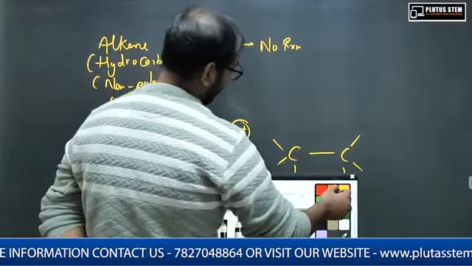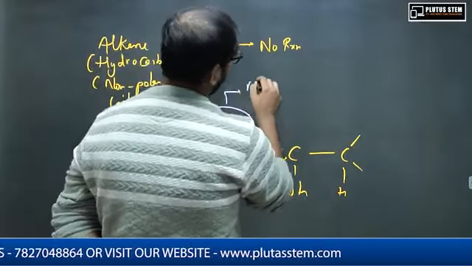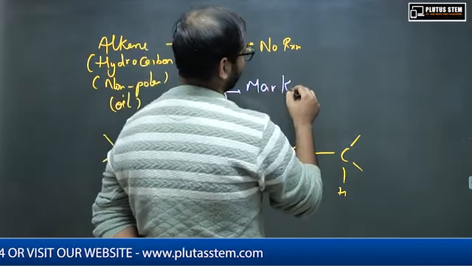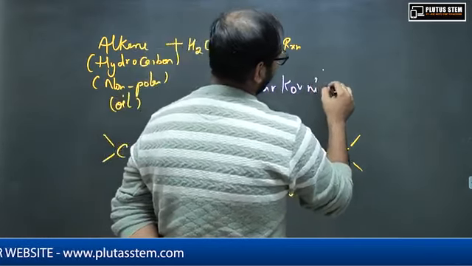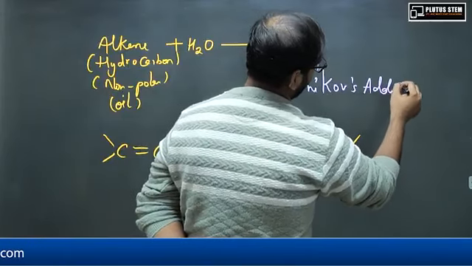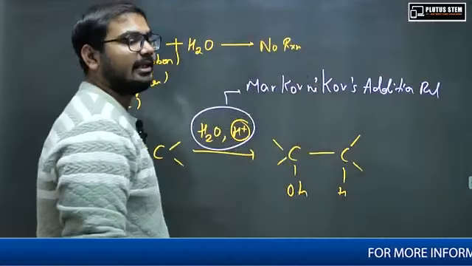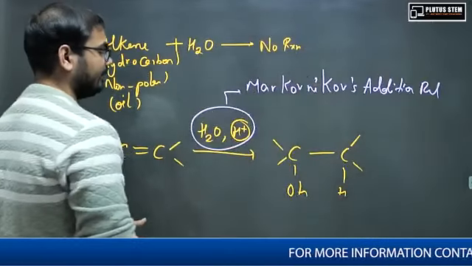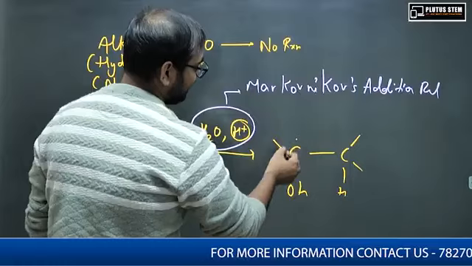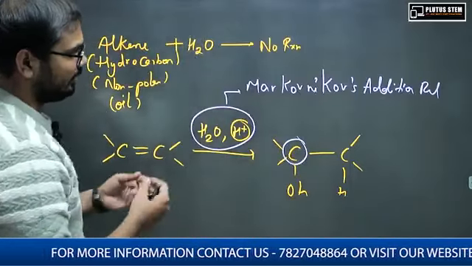And another important thing, hydration of alkene follows Markovnikov's addition rule. That means the OH minus will be added to that carbon of the double bond which has lesser number of hydrogen. Now let's move forward with mechanism.